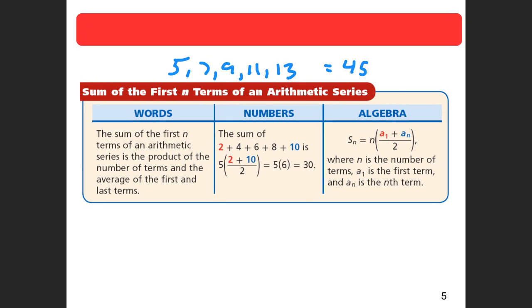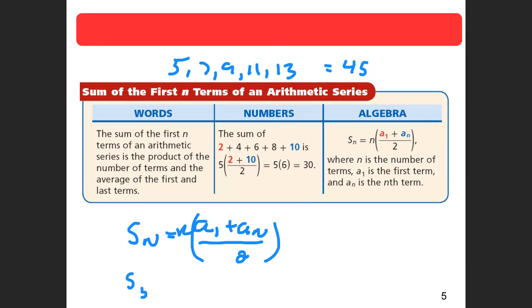But there's a formula. S of n is equal to the first term plus the last term in our list, divided by 2, times n. In this problem, if I wanted to find S of 5, that little 5 just means I'm finding the sum of the 5 terms.